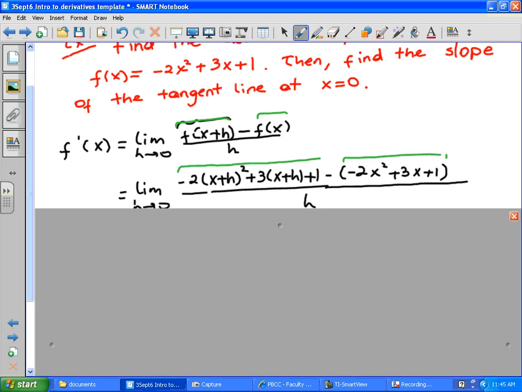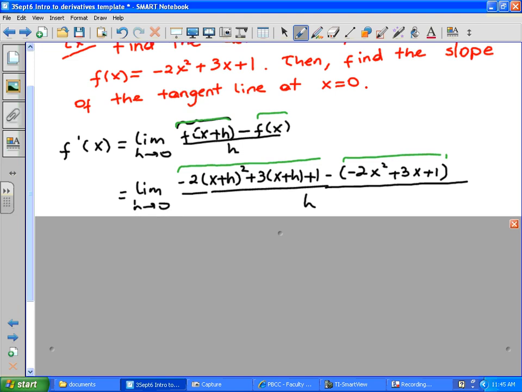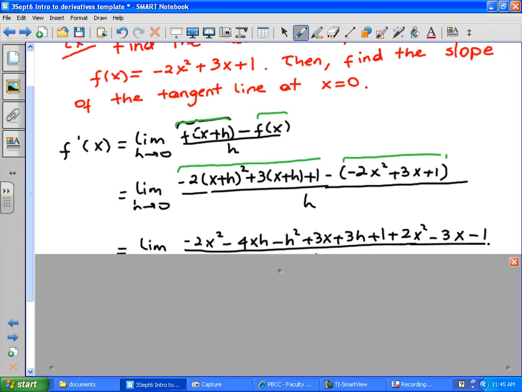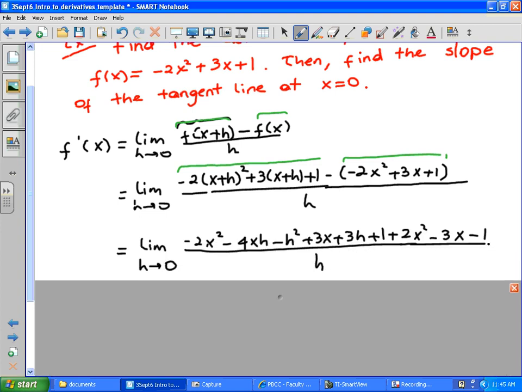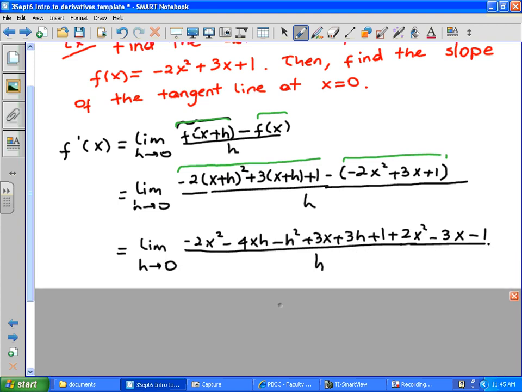So if you do so, FOIL the (x plus h) squared and distribute the negative 2 in, you will have the following. Of course, first write down that (x plus h) quantity squared is x squared plus 2xh plus h squared, and then you can distribute the negative 2, so that will give you this part, negative 2x squared minus 4xh minus 2h squared.